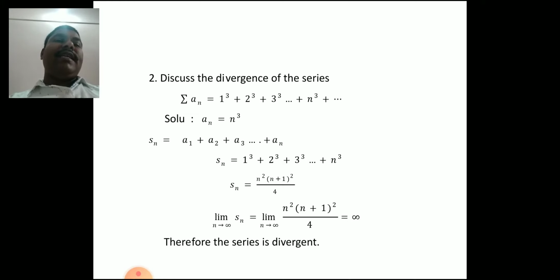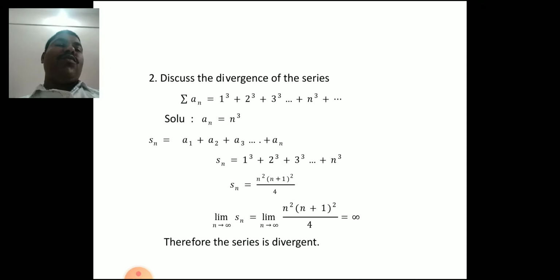Next Sn is equal to a1 plus a2 plus a3 up to plus an. So Sn is equal to 1 cube plus 2 cube plus 3 cube up to plus n cube. So the nth term of this sequence is n square into n plus 1 whole square divided by 4.